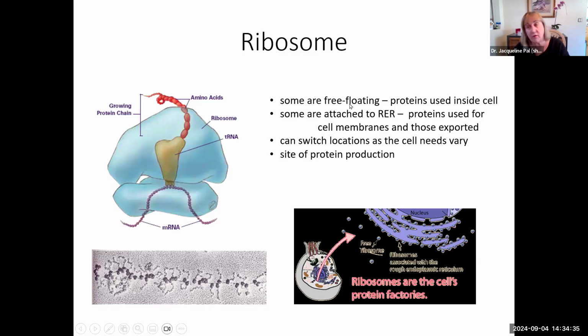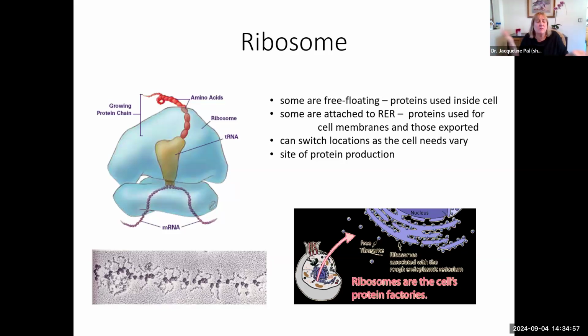Now, some ribosomes are free floating in the cytoplasm, and some ribosomes are going to be attached to another organelle known as the endoplasmic reticulum, thereby changing it to something called the rough endoplasmic reticulum. And those proteins are going to be used to make cell membranes or to be exported.